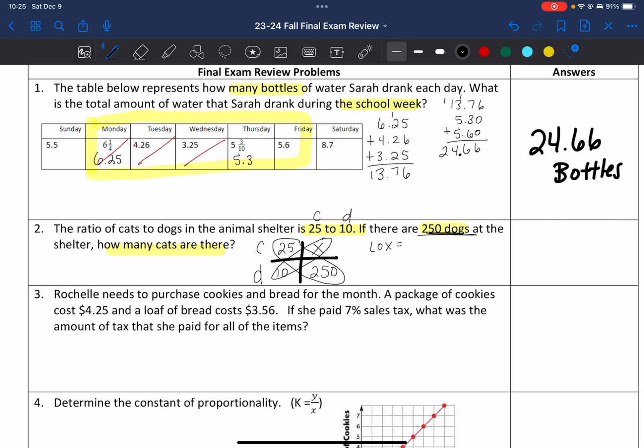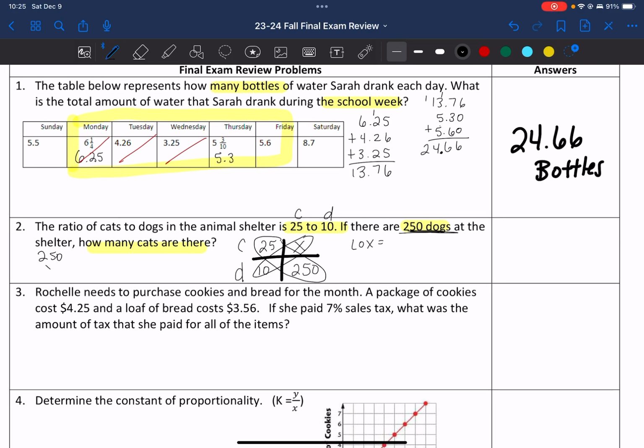So if I do 250 times 25, 25 here, 10, 11, 12, 10, 4, 5. So that would be 6,250. Now I'm going to divide by 10, divide by 10.